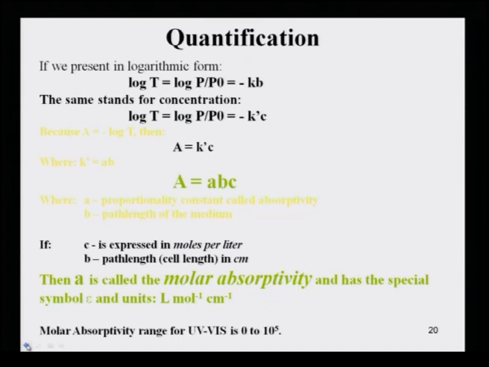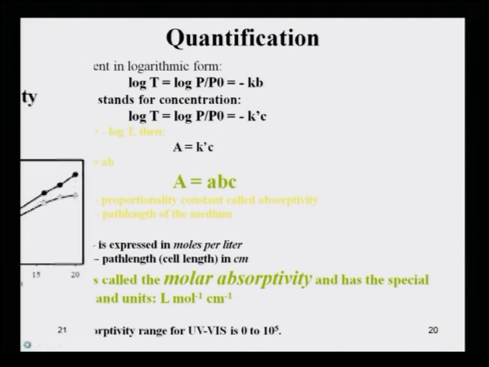Then the small a, or the molar absorptivity, has a special symbol and the units are liters per mole per centimeter. The molar absorptivity range for UV visible is 0 to 10 to the power 5. So, it is as low as 0 and it can be as high as 10 to the power 5.